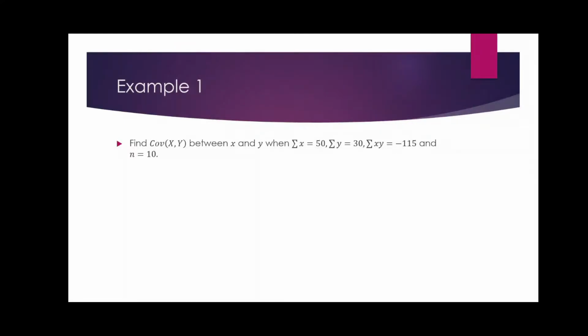So all we need to do is put everything into the formula and calculate. The formula of covariance, as we did, is: 1 by n summation xy minus 1 by n summation x into 1 by n summation y. Let us put all the values together and calculate. Therefore the covariance is minus 26.5.